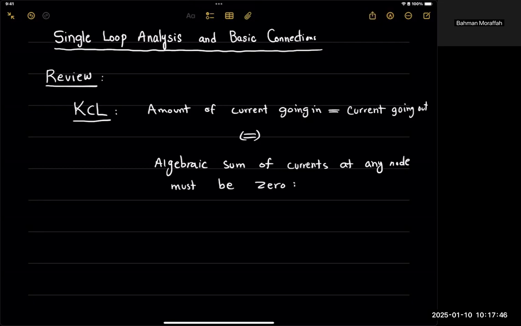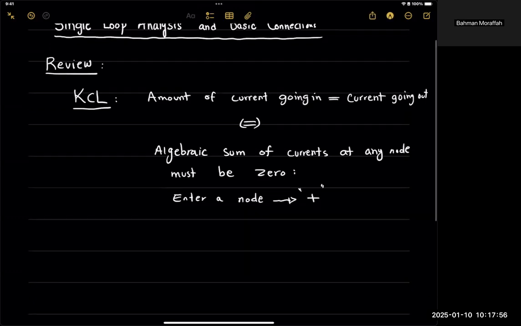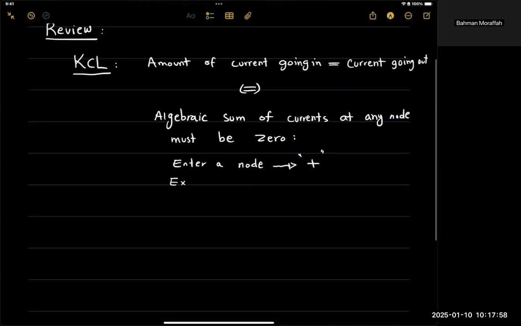For this, we had a convention: if the current enters a node, the sign we consider for it is positive, and if we exit a node, the sign must be negative. Again, this was our convention. We could do it in reverse and nothing would change.